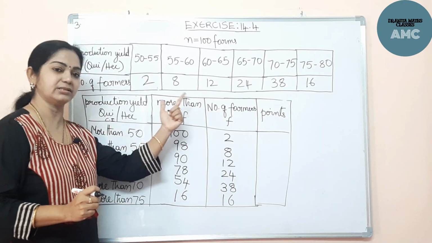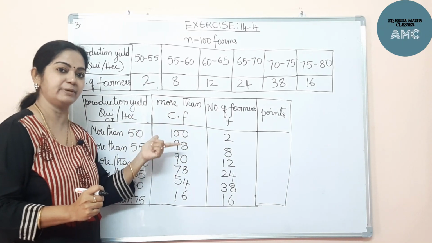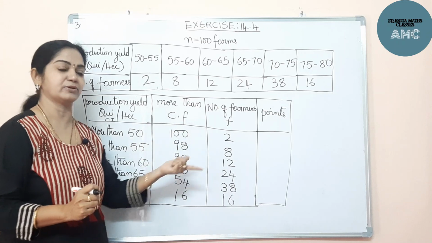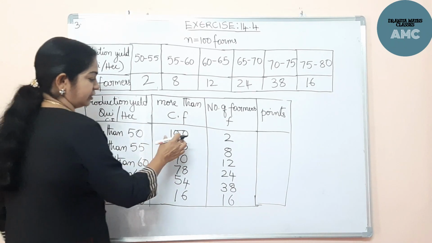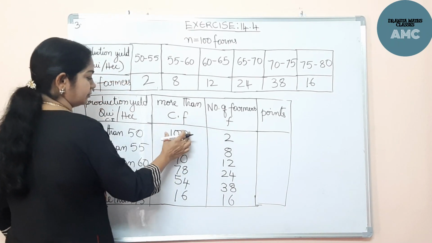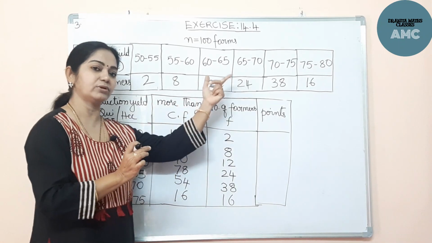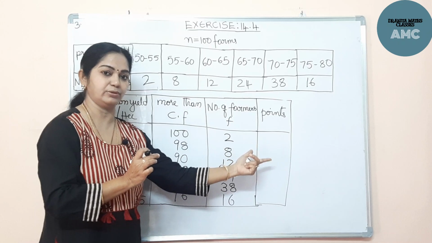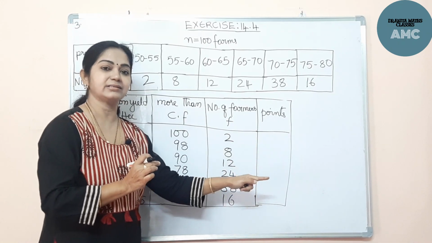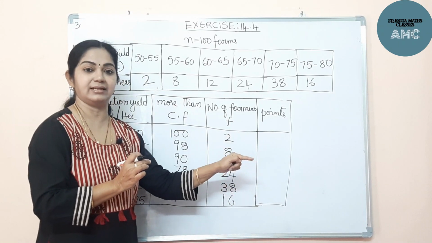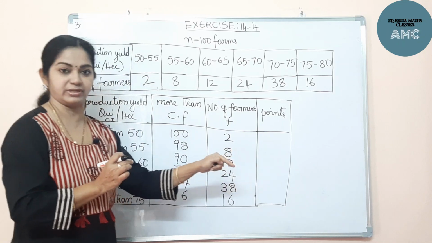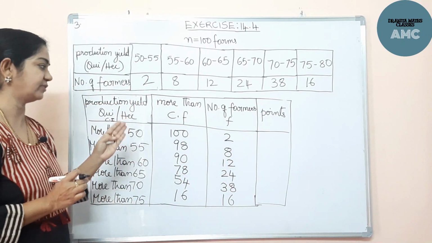As asked in the problem, you have to construct the more than type cumulative frequencies, then proceed to the ogive curve. Now here we have the values to plot the more than cumulative frequency. I have told you, on the x-axis we should have the lower boundaries, and on the y-axis the cumulative frequencies.